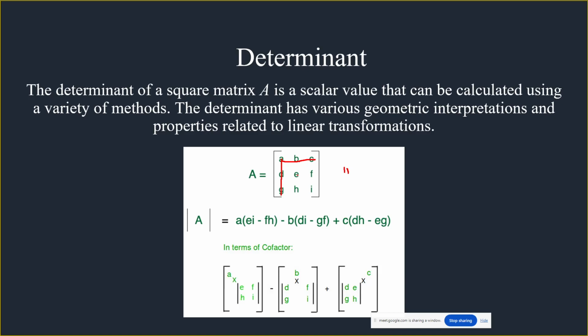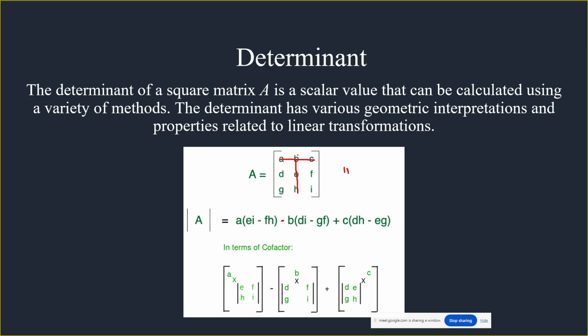Like here we are multiplying E with I, and then we will subtract F multiplied by H. And then furthermore we will multiply B, with a subtraction sign. We will then multiply B with, now we're closing this row and this column.